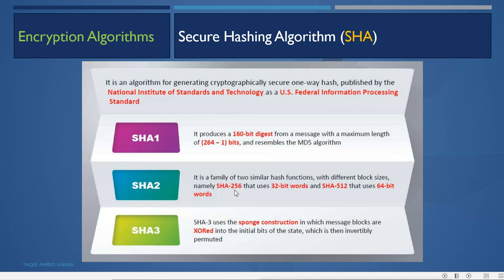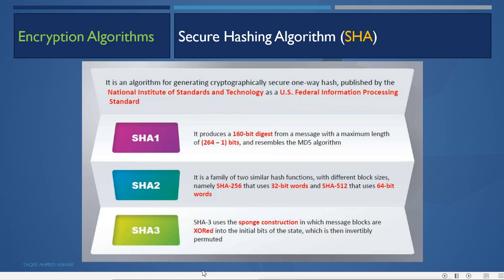Then SHA-3 uses the sponge construction, in which message blocks are XORed into the initial bits of the state, which is then invertibly permuted. So we have these SHA-1, 2, and 3 hashing algorithms.